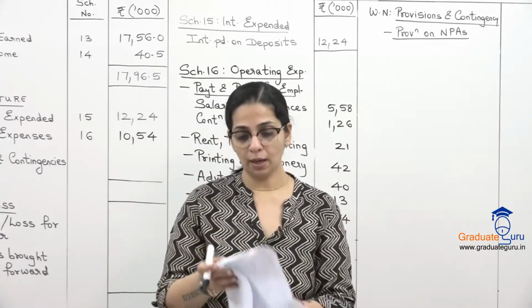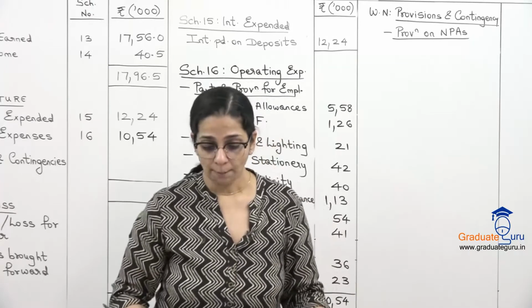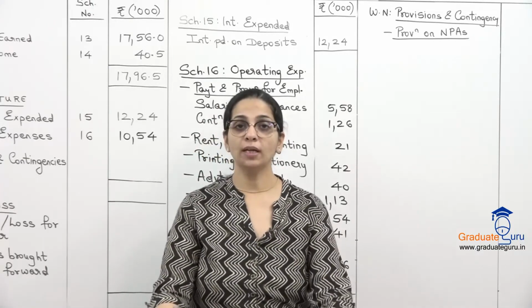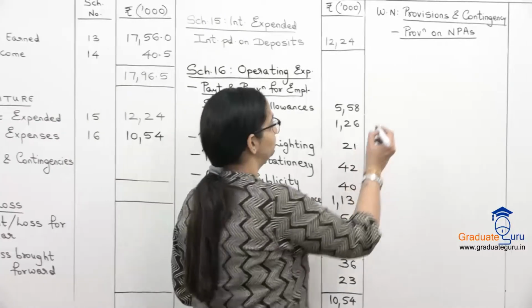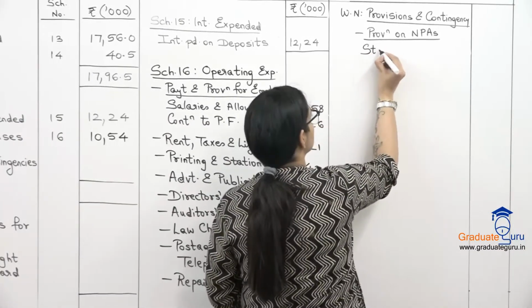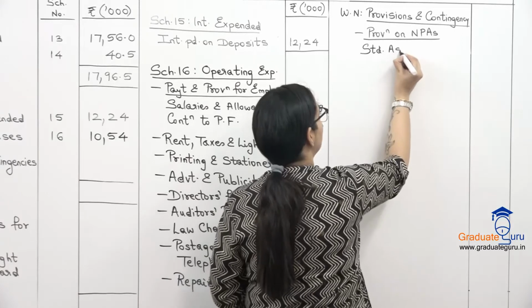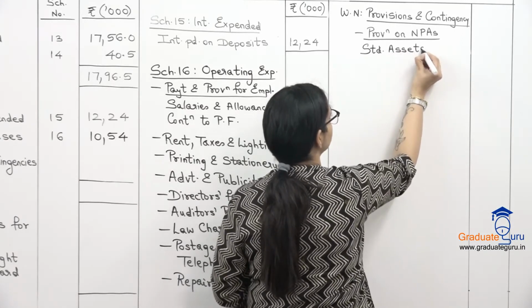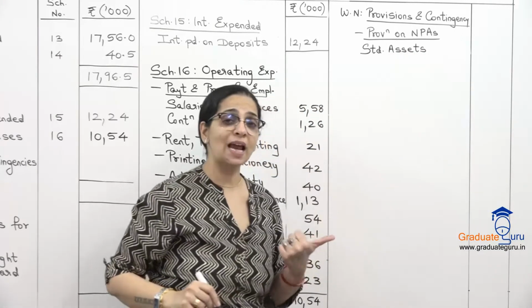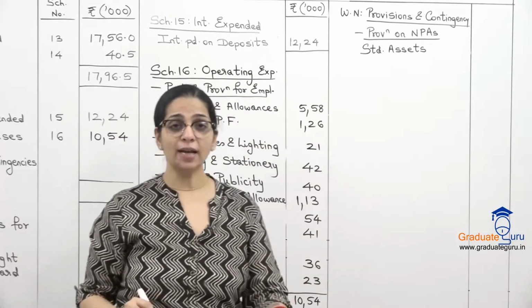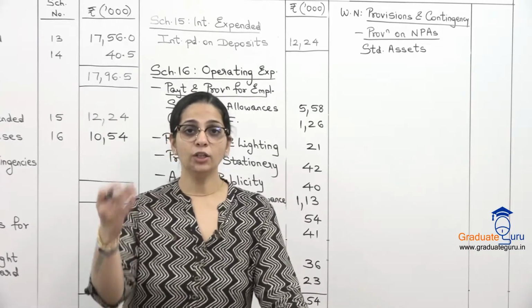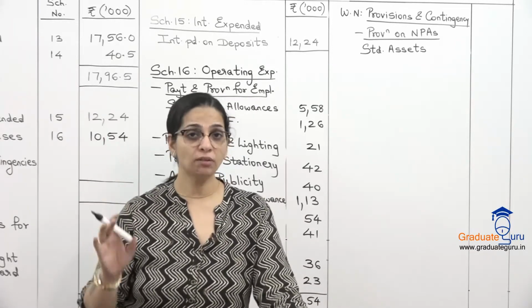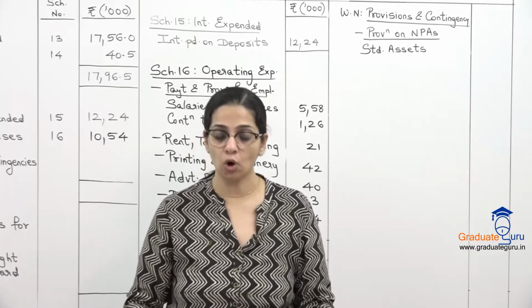So adjustment number 2, bank has recognized the following as NPA. वहाँ पे first one is standard. So let's do our working which we have been doing in those earlier sums. So first is standard assets and standard assets के लिए they've not mentioned कौन से sector का है, तो I'll use the last rate which is for other advances which is 0.4%.